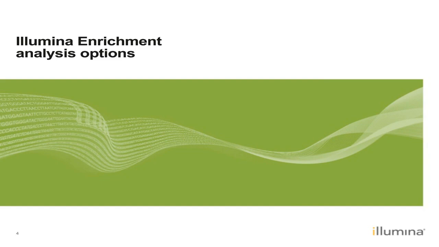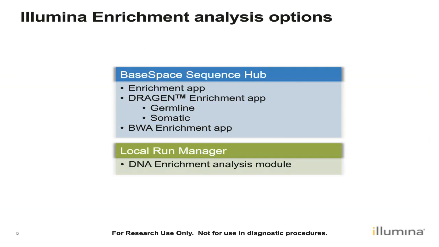All right, so we're going to go through the different analysis options from Illumina. So we have two ways we can do enrichment analyses. We can do them on our cloud platform, BaseSpace, or locally using Local Run Manager. There are different applications within the BaseSpace Sequence Hub ecosystem, including the Illumina Enrichment app, the DRAGEN Enrichment app, which has both germline and somatic variant calling, as well as the BWA Enrichment app.